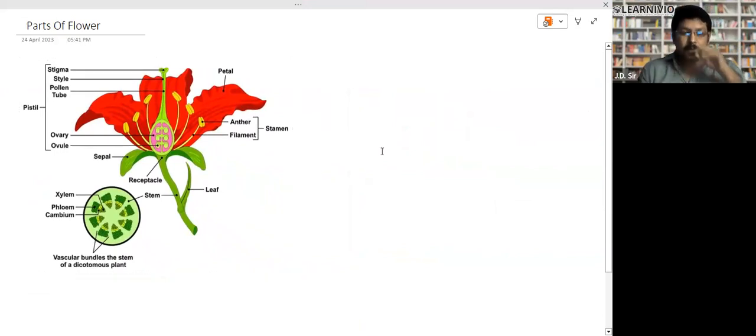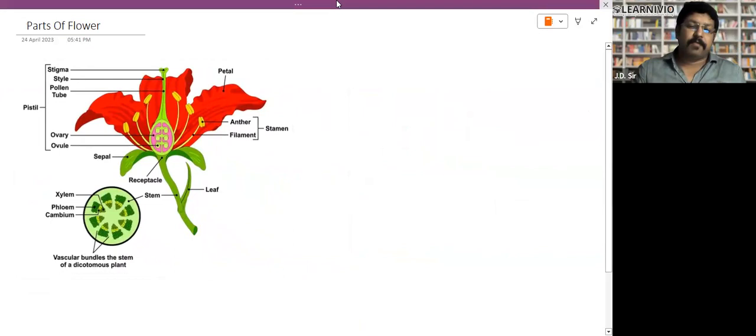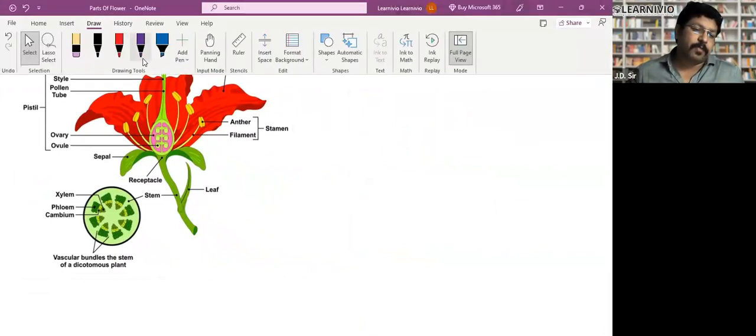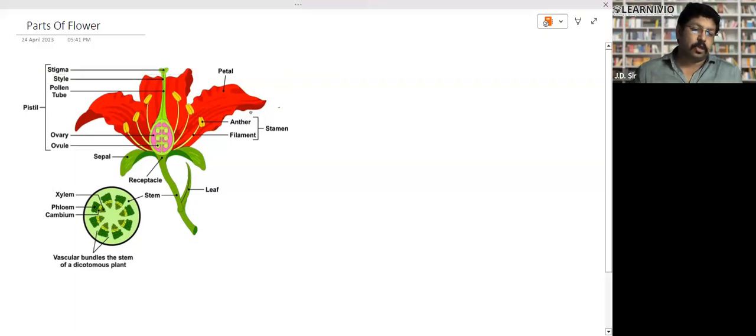Look, so this is the flower. Flower is a reproductive organ, right? So when we talk about the parts of the flower, try to understand. First, the outermost cover is known as the sepals. Individual green leaf is called a sepal.